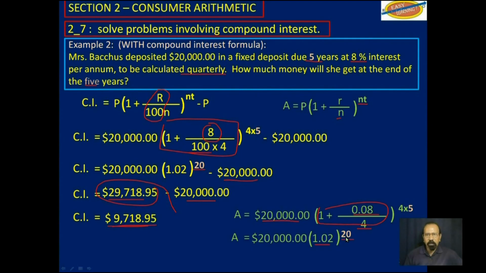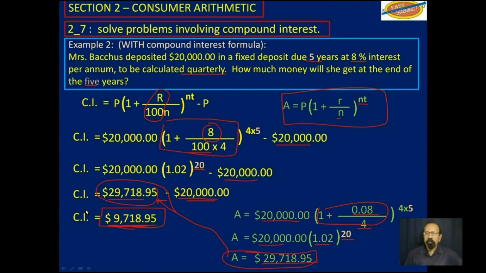You carry that to the 20th power and then multiply by 20,000 and you get $29,718.95. That's the amount, which is the same thing that we got over here, and then we subtract the principal to get the interest. So as I said, if you are going to learn one of these, learn this one. It's easier to learn, easier to use, and if you get the amount, you could always subtract the principal to get the interest.